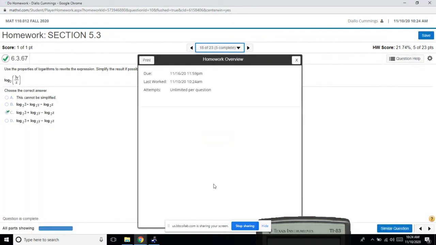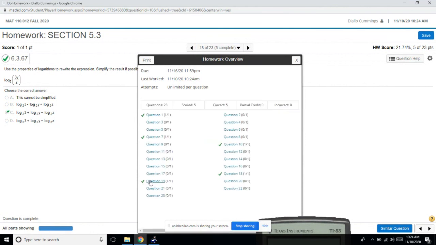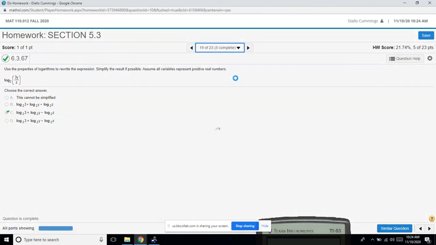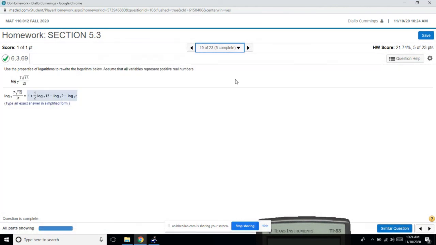All right, and then there's one more I want to take a look at, number 19. All right, so just to show how I got this answer. And all the problems that we've seen up to this point, you will likely see those on the test.